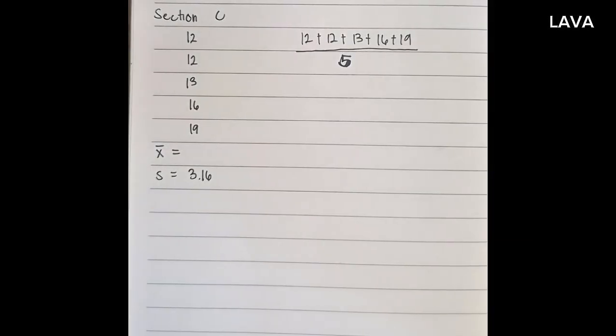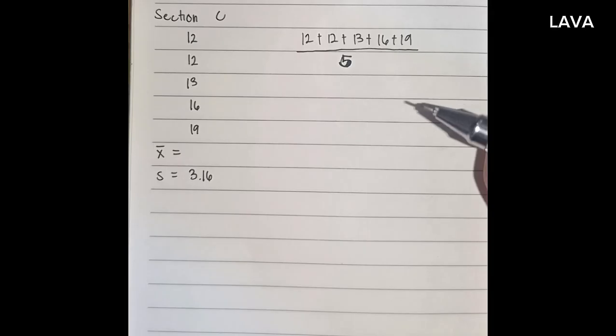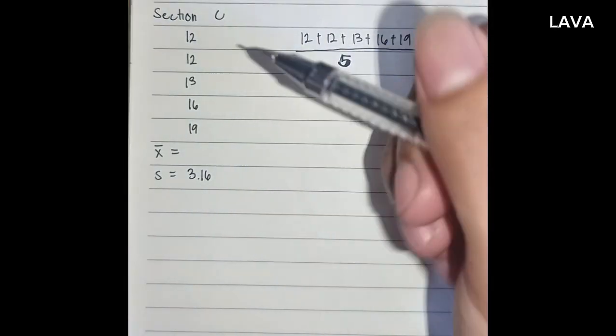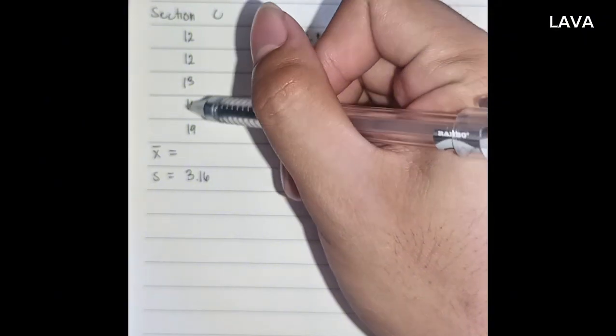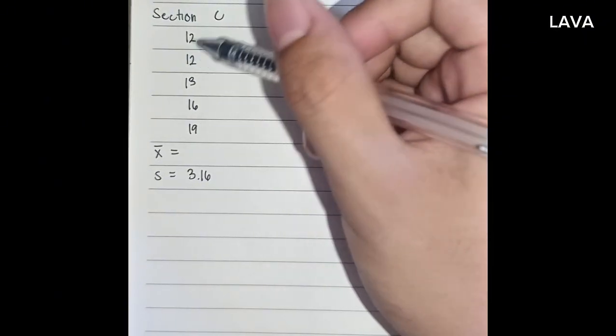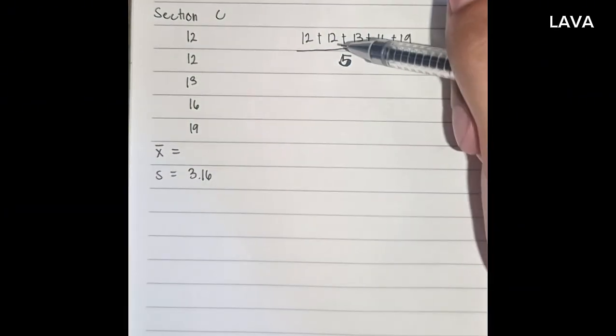Since we already solved section A and section B of the given data, let's proceed to section C. First, we need to calculate the mean value, the sum of the numbers from 12 to 19 divided by the total count of those numbers.